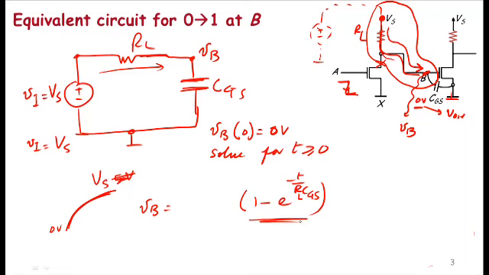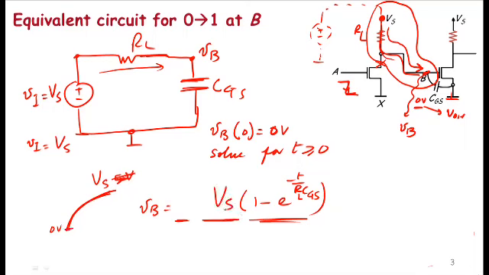I also need to stick the initial value here, which I know to be 0, so there's nothing there. And the value I stick here is the difference between the initial and final value, and that is simply Vs. So intuitively I can very quickly write down VB is Vs times 1 minus e raised to minus t divided by RL CGS.